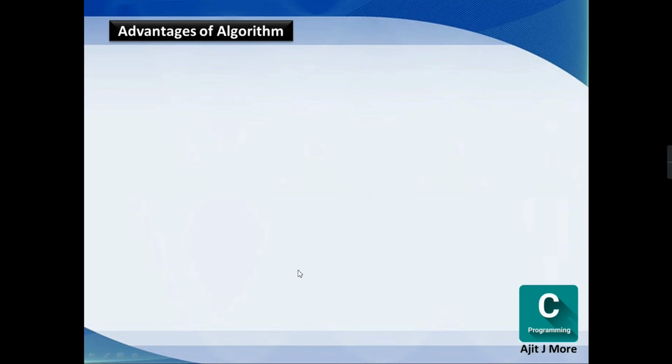Ultimately, in which programming language you're going to implement. So when you're writing an algorithm, you're just keeping English in focus, and using English you are trying to write the steps. Whether Java or C or Python or Pascal or Fortran, we do not know at that moment.